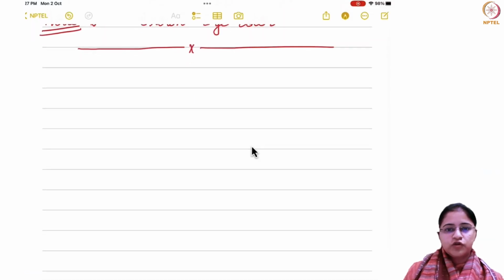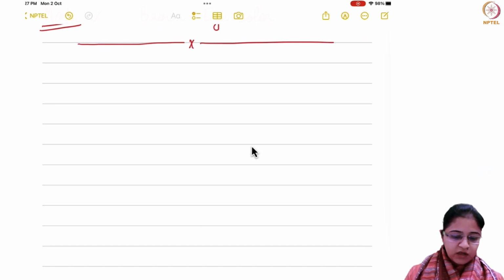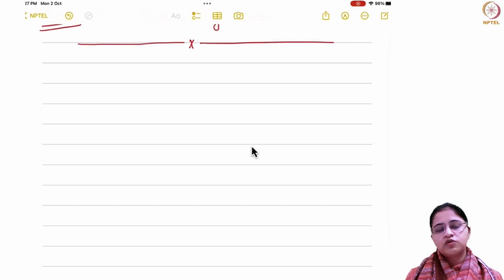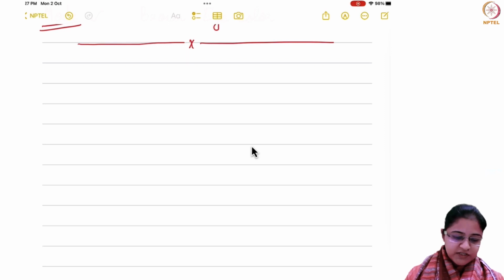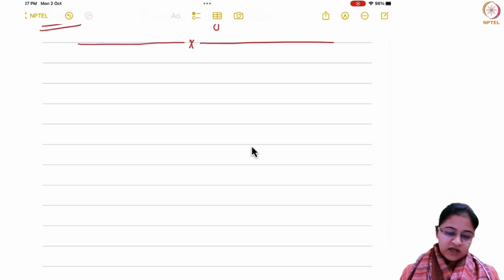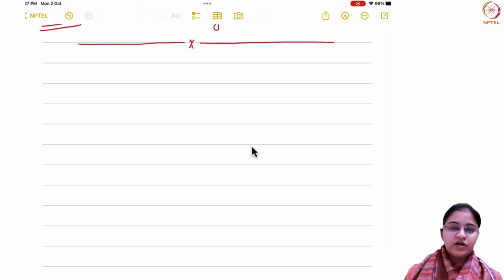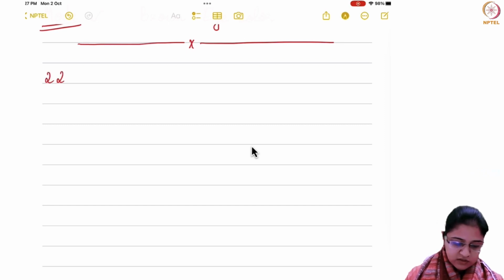So let us start with the numerical variable. Suppose the data set given to you is the attendance of the students in a class, because in the last week also, we had such an example. A sample was given from a class of students. So let us consider that the attendance for 9 students is given to you. Let us take it as 22.